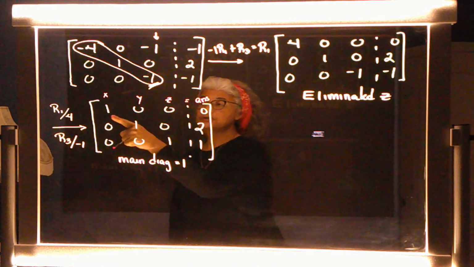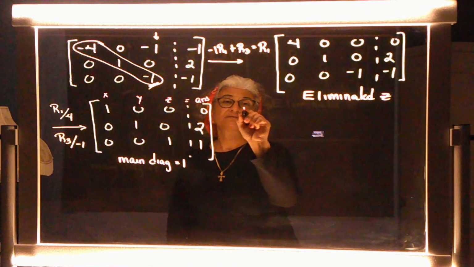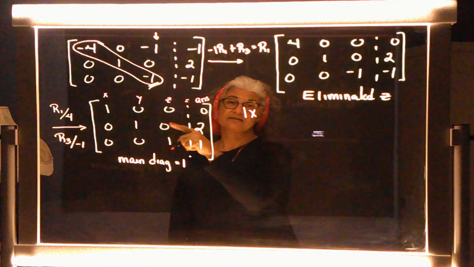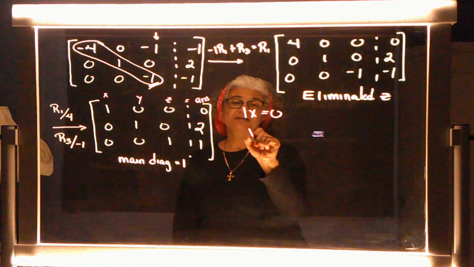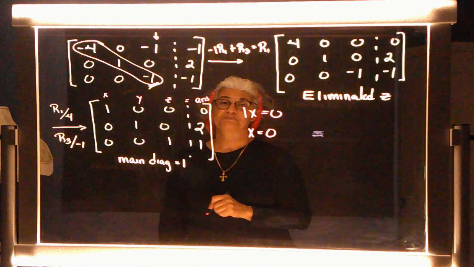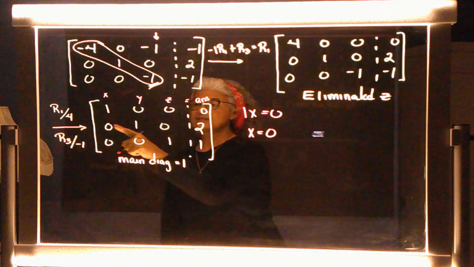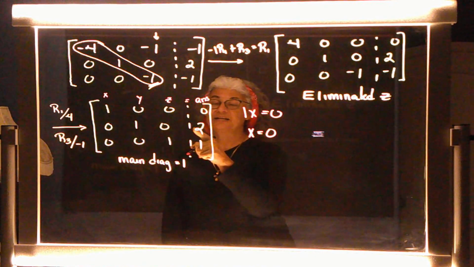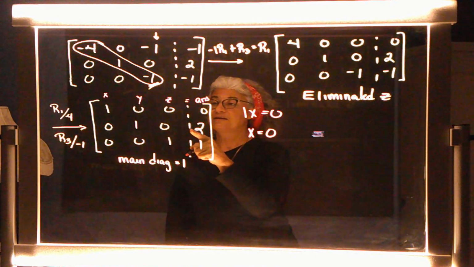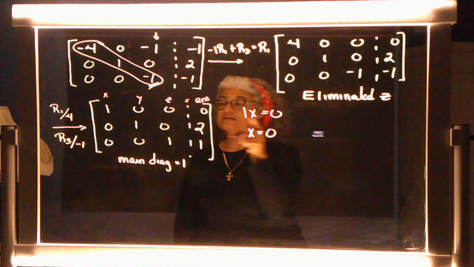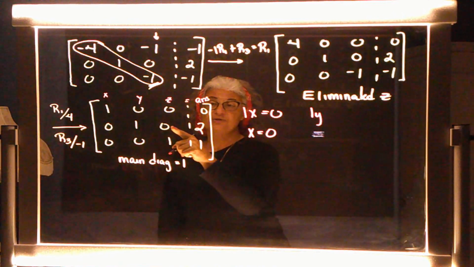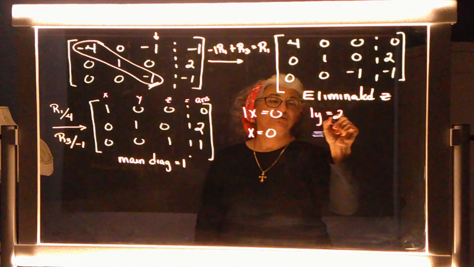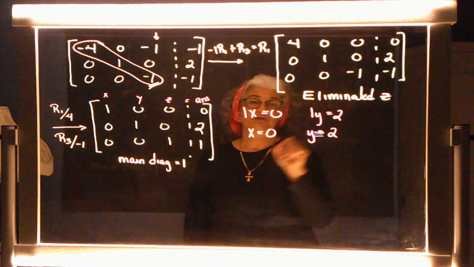So if I look at the first row, I've got 1x, 0 y's, 0 z's equals 0, which basically tells me x equals 0, doesn't it? Good. Let's look at the second row. The second row says 0x plus 1y plus 0z equals 2, which means I have y equals 2.